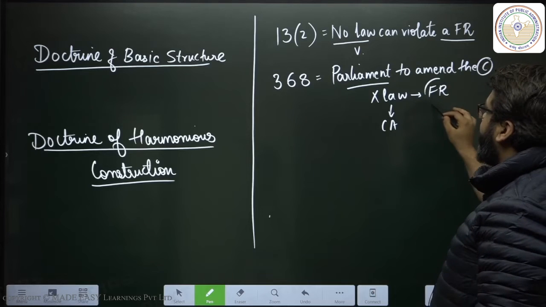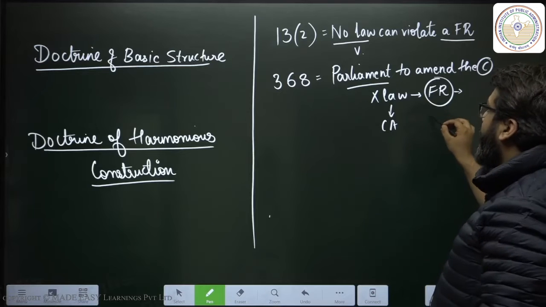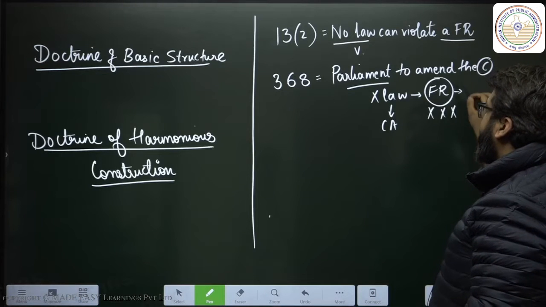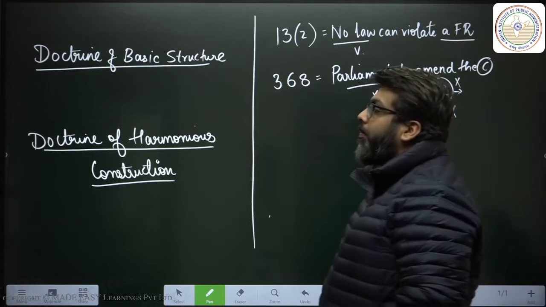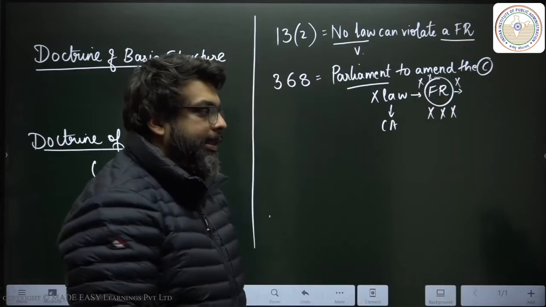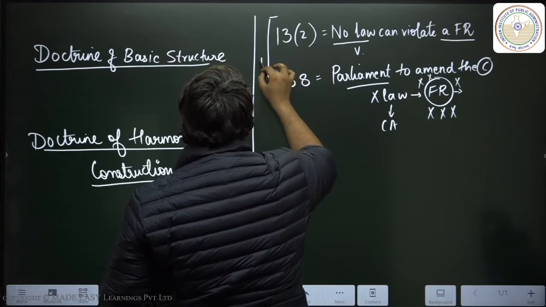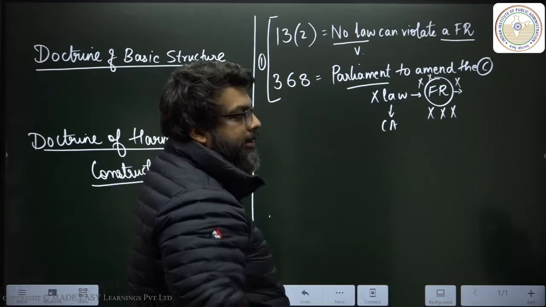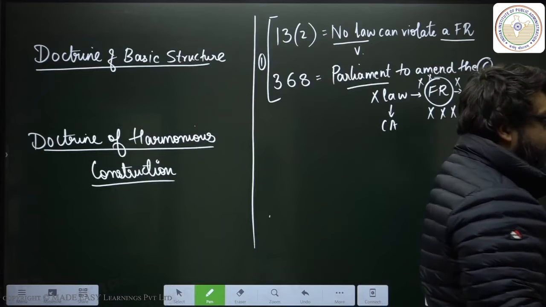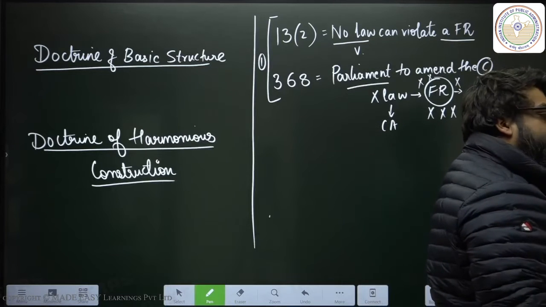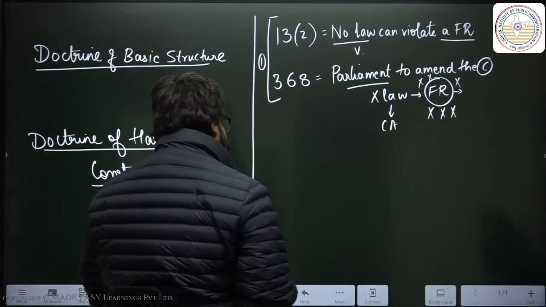This means fundamental rights then become airtight and nobody has the powers to change fundamental rights, and our constitution becomes rigid in that sense. So the fundamental conflict, the protagonists of this story, are of course Article 13 Clause 2 and Article 368. This is the first set of protagonists.